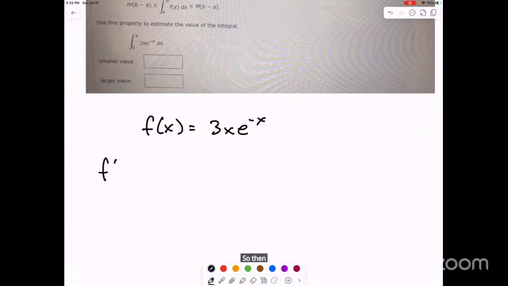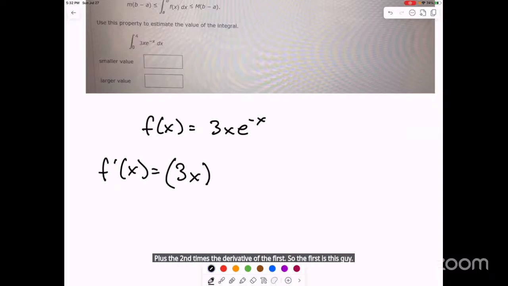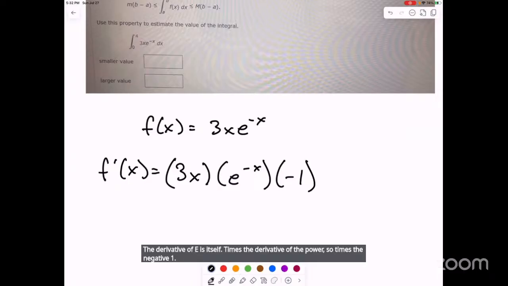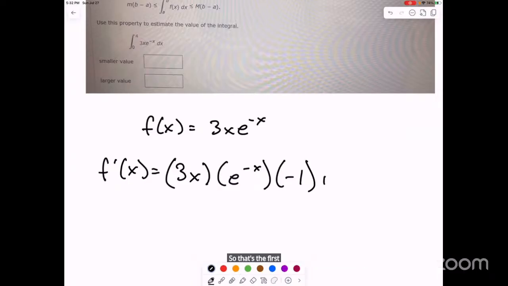So for f prime, it looks like we have to use the product rule: first times the derivative of the second, plus the second times the derivative of the first. The derivative of e to the negative x is itself times the derivative of the power, so times the negative 1. That's the first times the derivative of the second, plus the second times the derivative of the first.